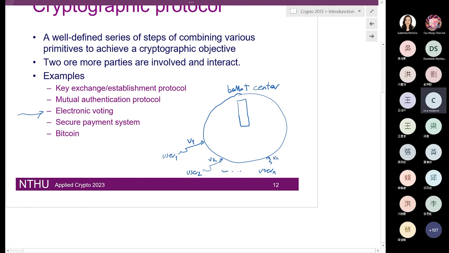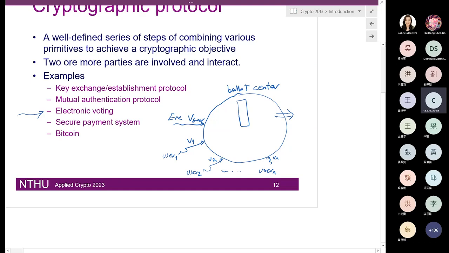We should also have some attackers, like Eve here, who is also trying to send her vote to the system. The system should be designed strong enough to withstand the false information received from Eve and just ignore it.